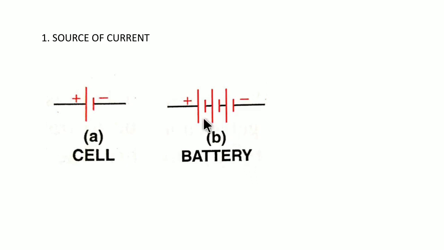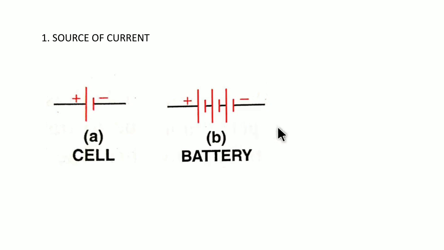A battery can be a combination of two or more cells, or it can be an accumulator, like the storage batteries used in cars or inverters. Those are represented by this kind of symbol. It's also a source of DC, that is, direct current.